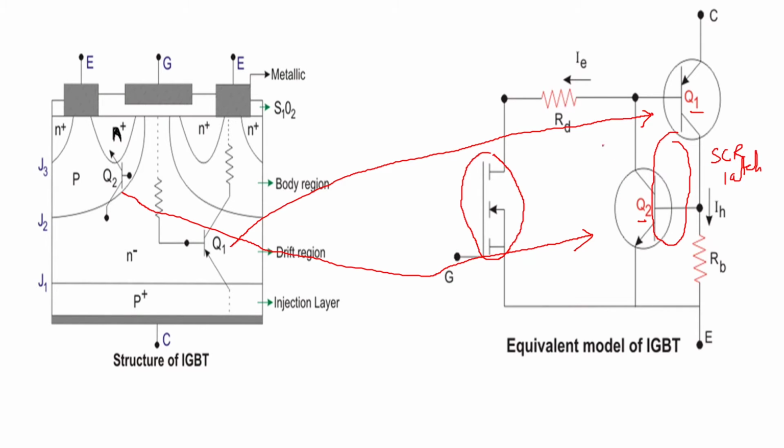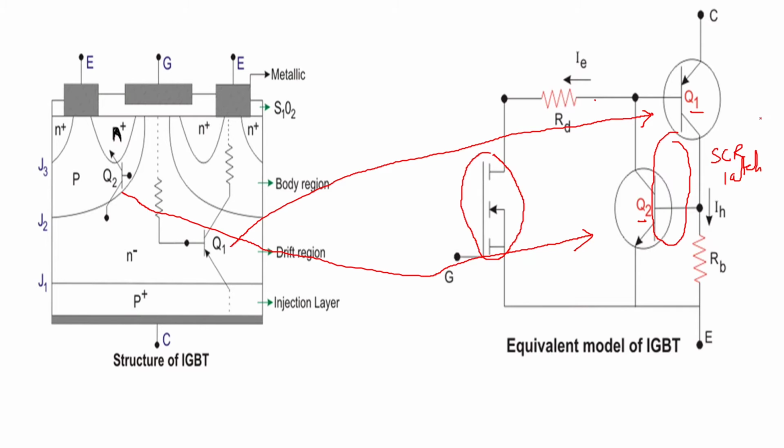Once you give the gate pulse, both transistors go into the on condition, and the collector current of one becomes the base current of the other. They remain in the latch, and the IGBT stays on even if the gate loses its control, somewhat like SCR working.